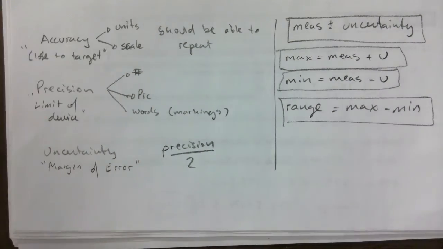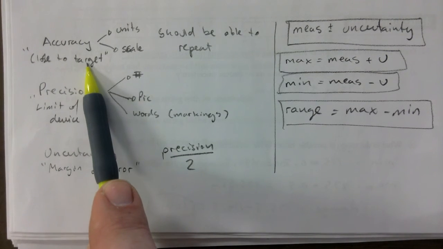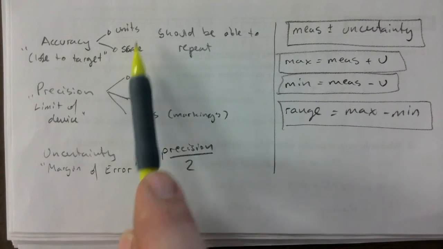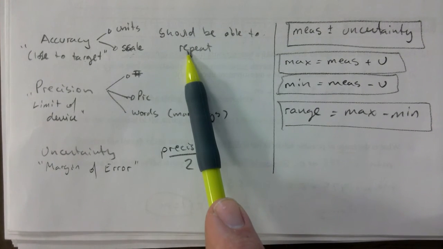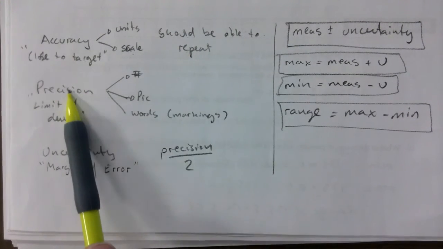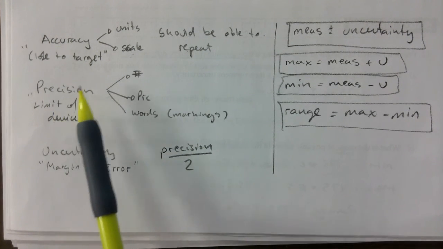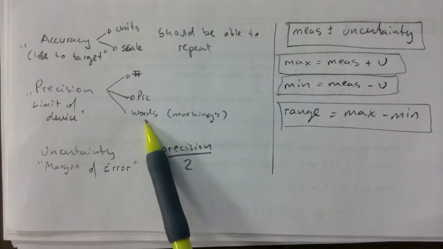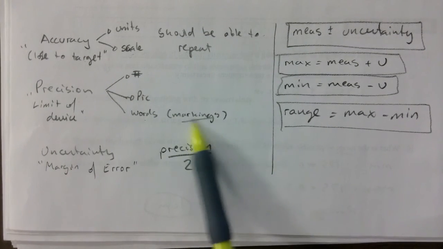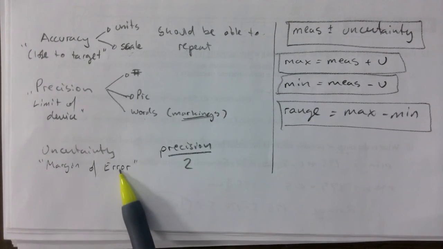So this is what I did for myself. I said that accuracy is how close to the target you are. You need to consider the units and the scale. You should be able to repeat it. Precision is the limit of the device, like how limited it is. You can get it from a number, from a picture, or from the words, where it says markings, right? Uncertainty is the margin of error, or how much you could be off by.